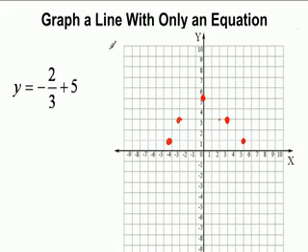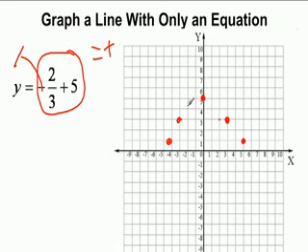Because if you have two negatives, it makes a positive. And here our slope is a negative slope, so that means our line has to look like this, going negative. Okay, so that's how you know whether or not to do two positives or two negatives or only one negative. So once you have your points graphed here, you can connect your dots.